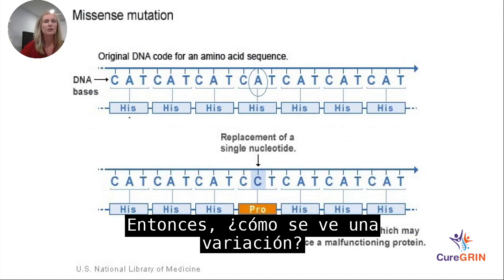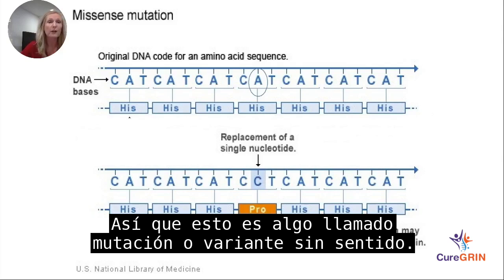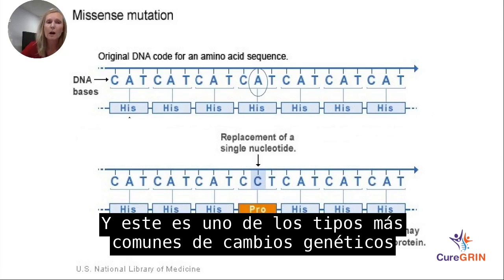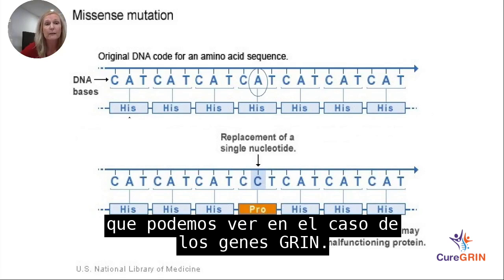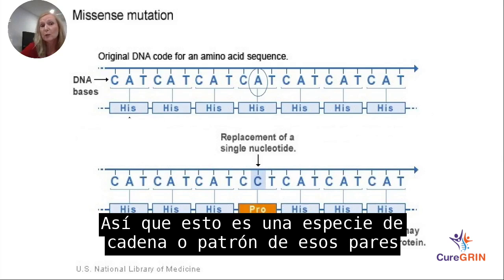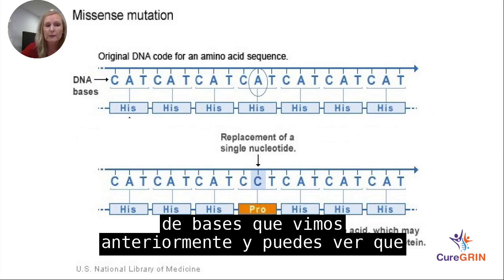So what does a variation look like? This is something called a missense mutation, or variant, and this is one of the most common types of genetic changes that we can see in the case of the GRIN genes. This here is a string or pattern of those base pairs that we saw previously.